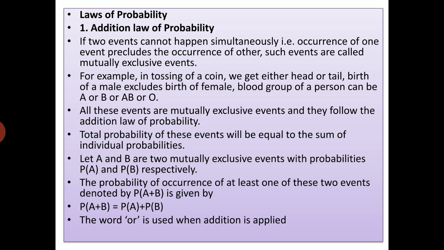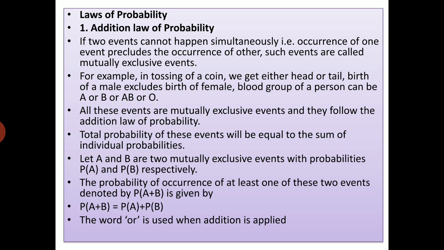Blood group of a person can be A or B or AB or O. All these events are mutually exclusive events and they follow the addition law of probability. Total probability of these events will be equal to the sum of the individual probabilities. Let A and B be two mutually exclusive events with probabilities P(A) and P(B) respectively. The probability of occurrence of at least one of these two events, denoted by P(A+B), is given by P(A+B) is equal to P(A) plus P(B).